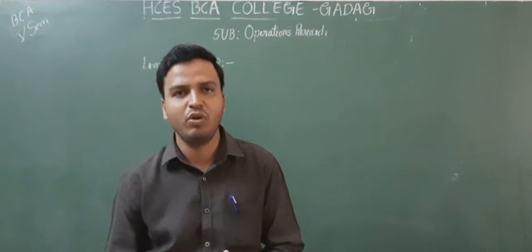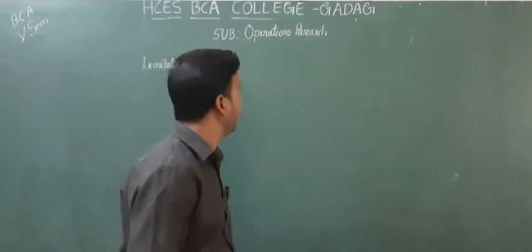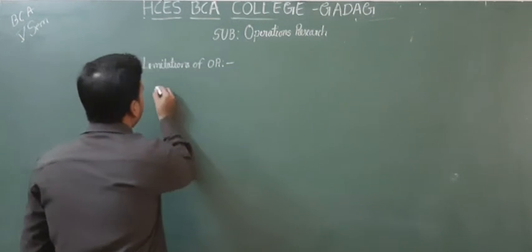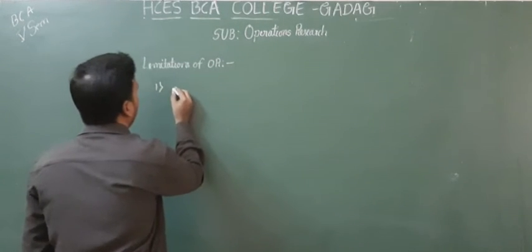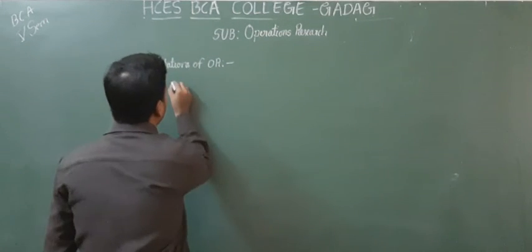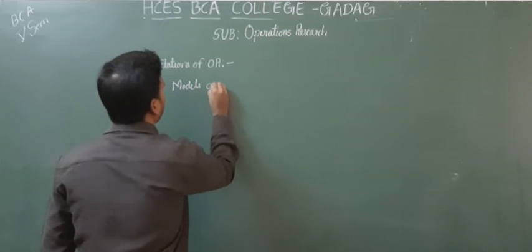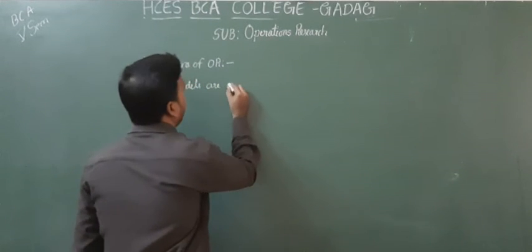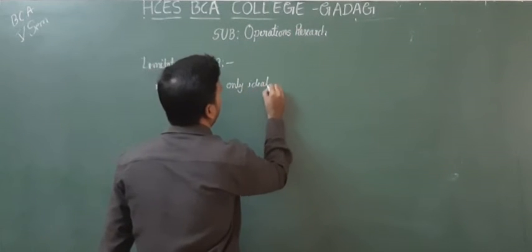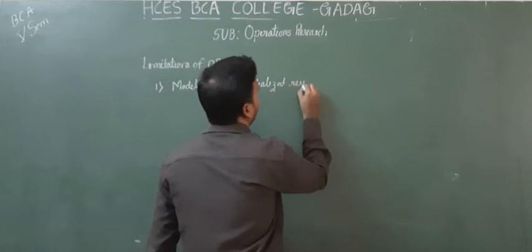This is the first demerit or limitation of OR: models are only idealized representations of reality.